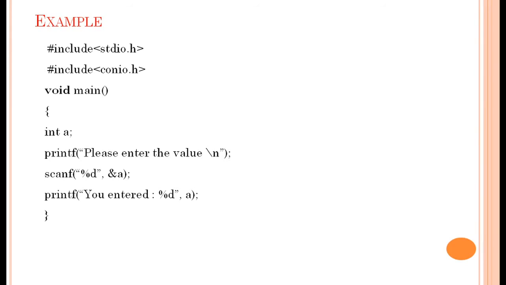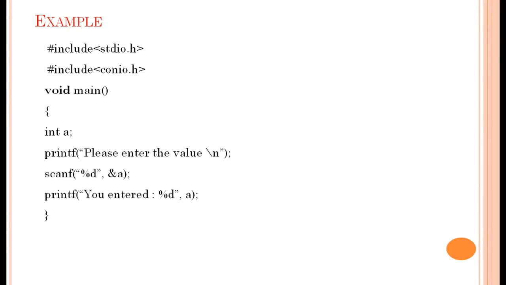To use printf in our program, we need to include the stdio.h header file using the #include <stdio.h> statement, since this function is stored in this header file. Now we have put conio.h here, but I have not given getch; we will see that in the next program.